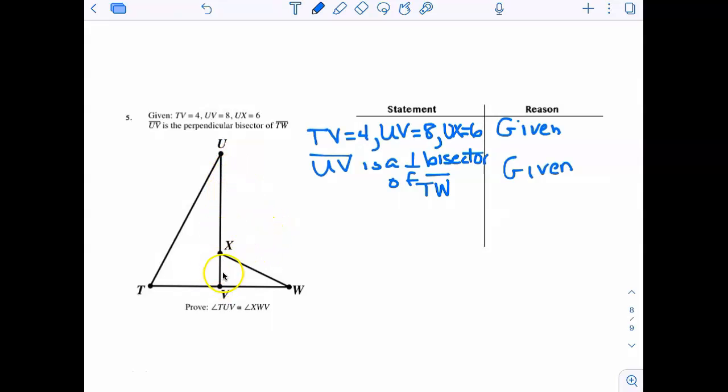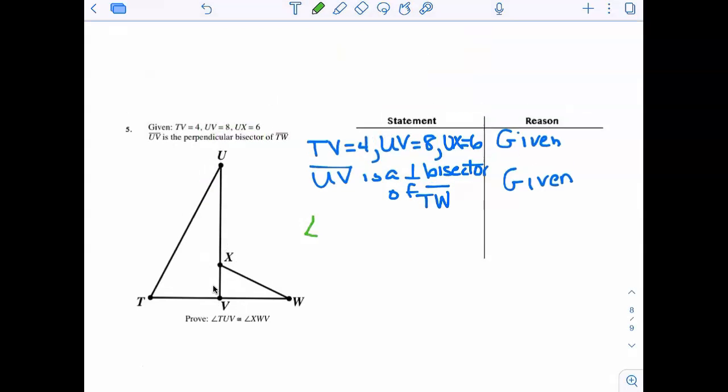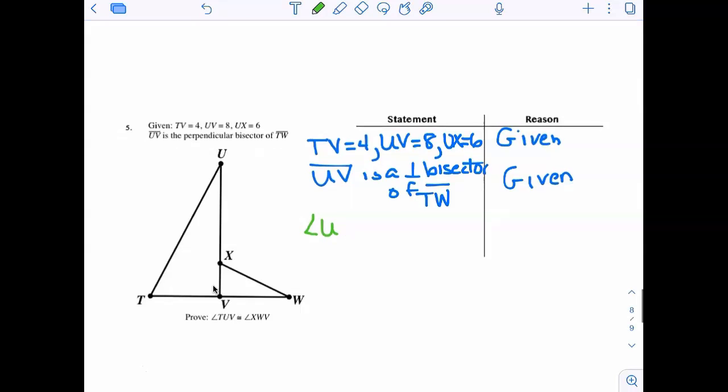So we can state that angle UVT, this angle here, and angle WVX, this angle here, are right angles.